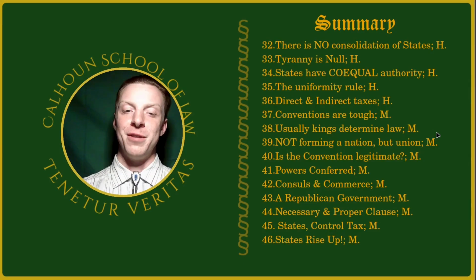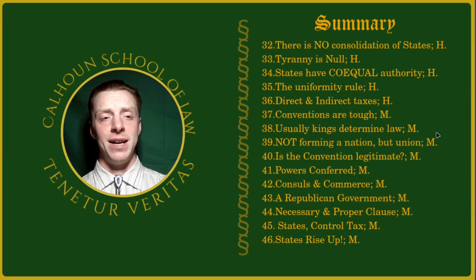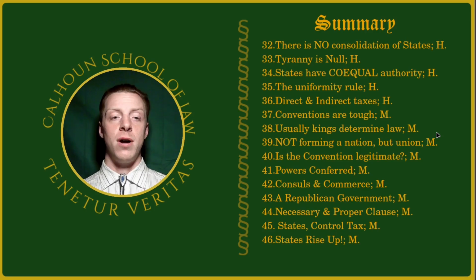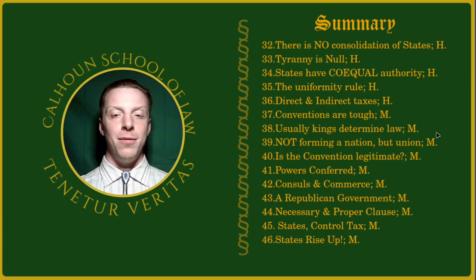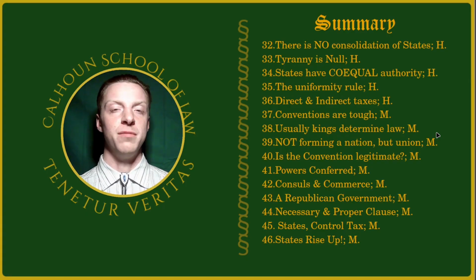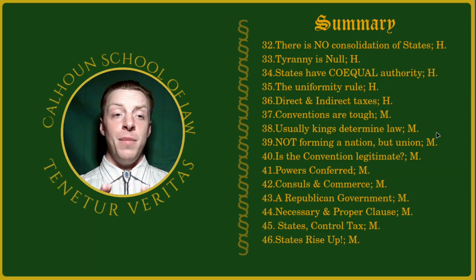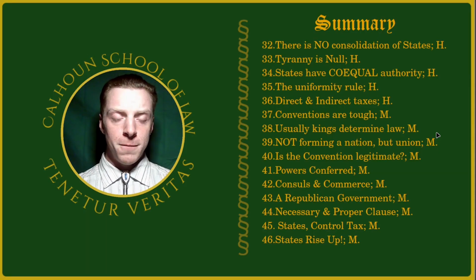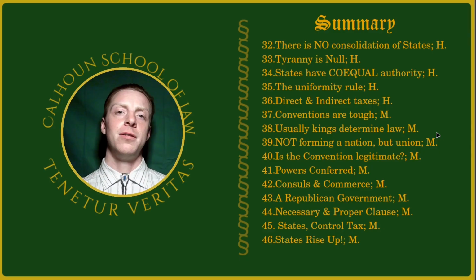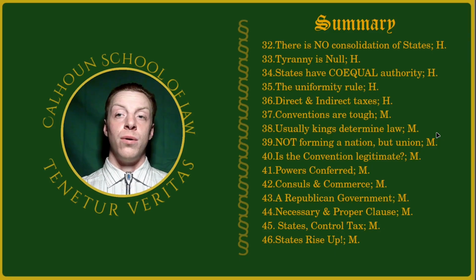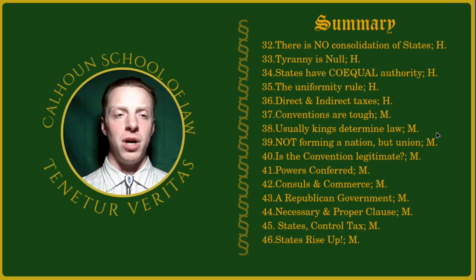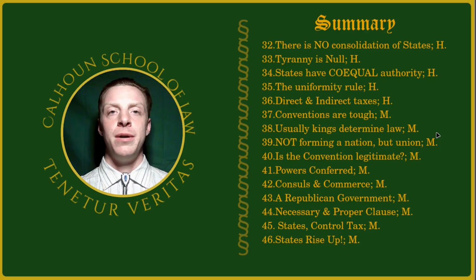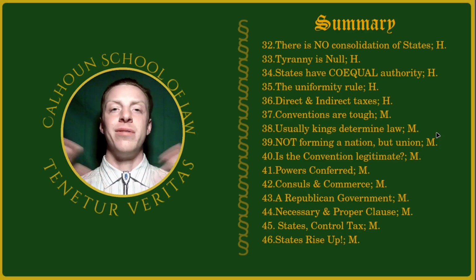Real quick, I just noticed we skipped over 44. It's actually a very important Federalist paper because in number 44, Madison makes very clear what he was directly arguing in number 41, which is that the necessary and proper clause does not give the U.S. Congress or the other two branches a carte blanche permission slip for the federal government to enact any sort of laws, any sort of actions that it so desires.